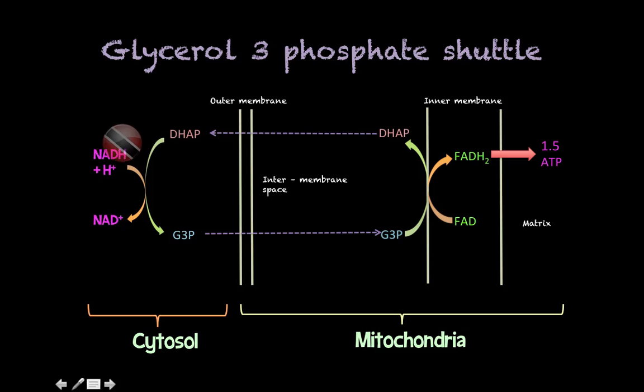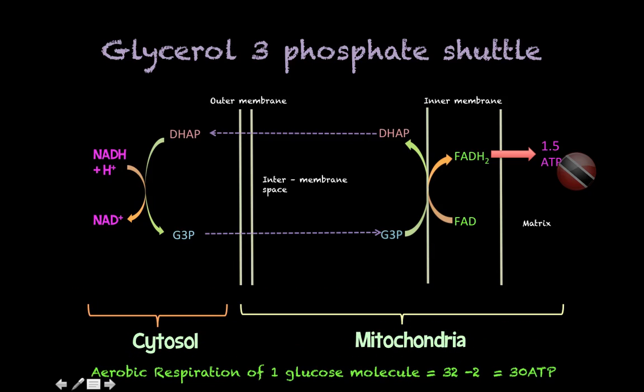But there's something to note here. You started with one NADH, which we know produces 2.5 ATP, but we end up with one FADH2, which produces 1.5 ATP. It means that we are short of 1 ATP. Now, for glycolysis, it's 2 NADH, so we're going to be short of 2 ATP.